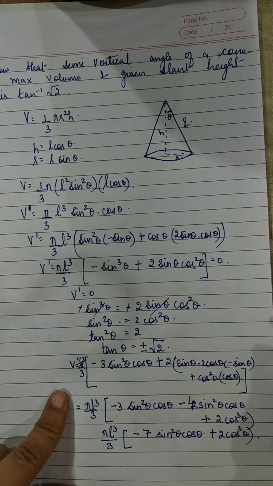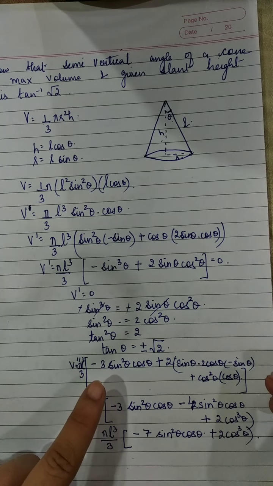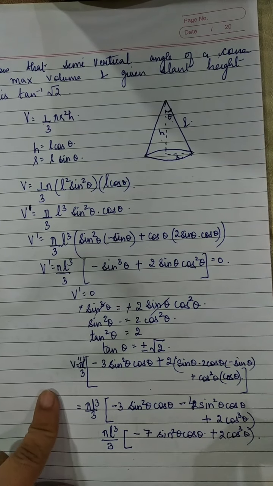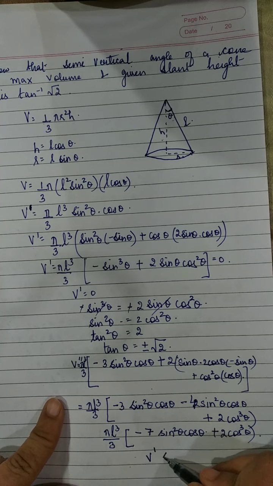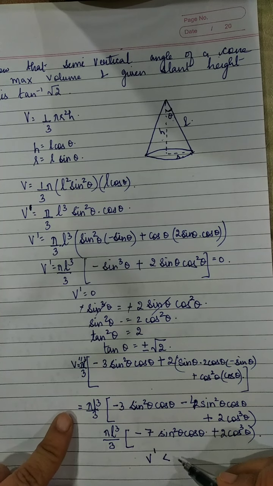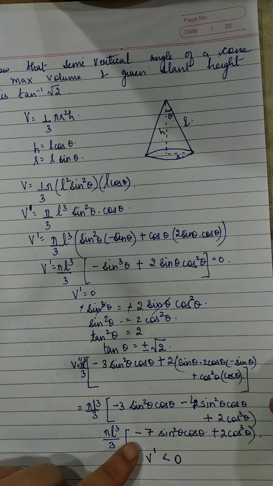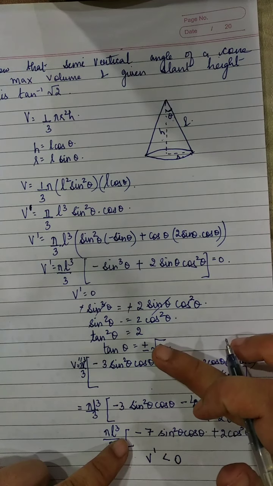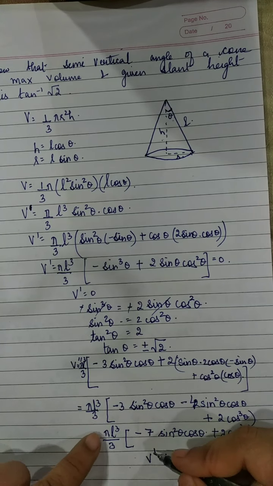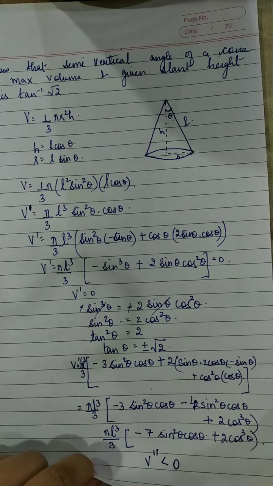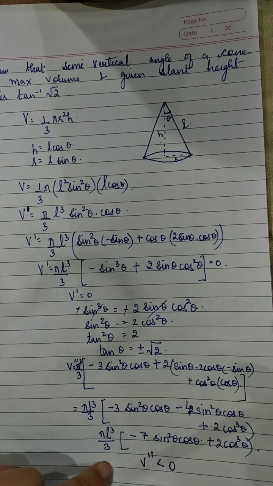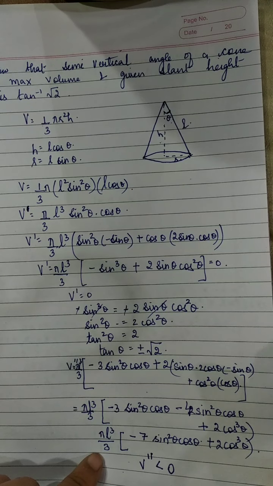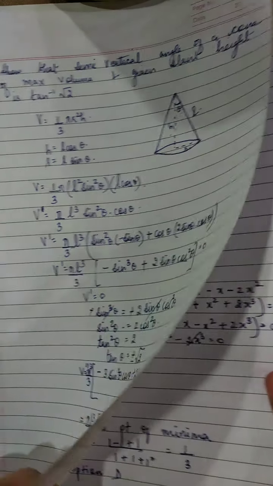Right? Putting theta equal to tan inverse root 2, what we will observe is that V double dash is less than 0 because we have a negative sign here, right? So if I put theta as tan inverse root 2, I get that V double dash is less than 0. And if it is less than 0, remember this is a point of maxima, right? Theta equal to tan inverse root 2 is a point of maxima.